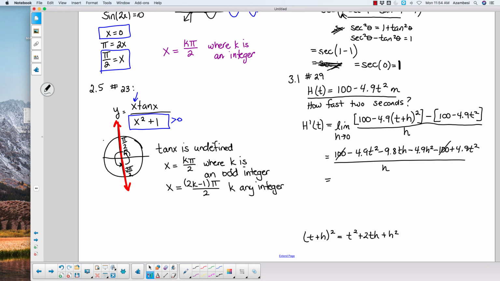Simplifying, my hundreds cancel, t squareds cancel, my h's cancel, and I have negative 9.8 t, I forgot my limit. I was sitting here simplifying the difference quotient.